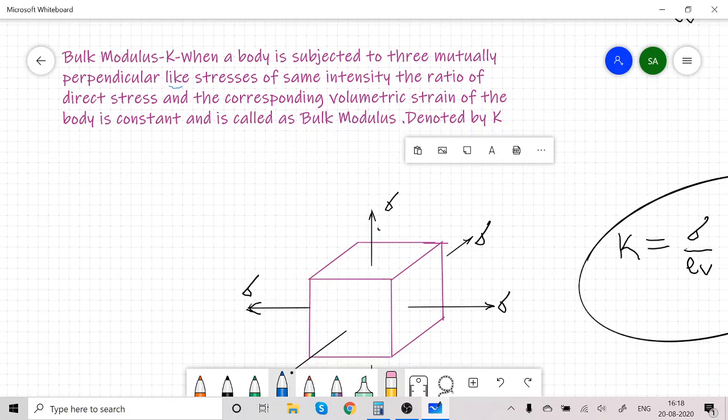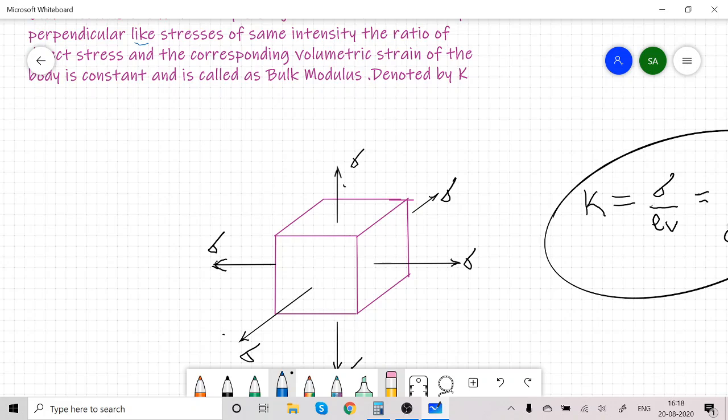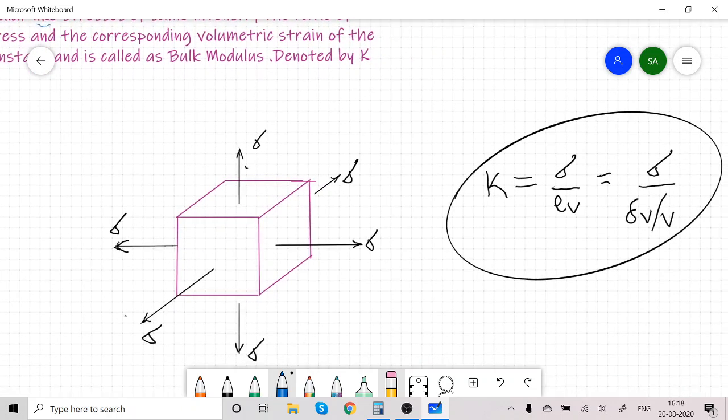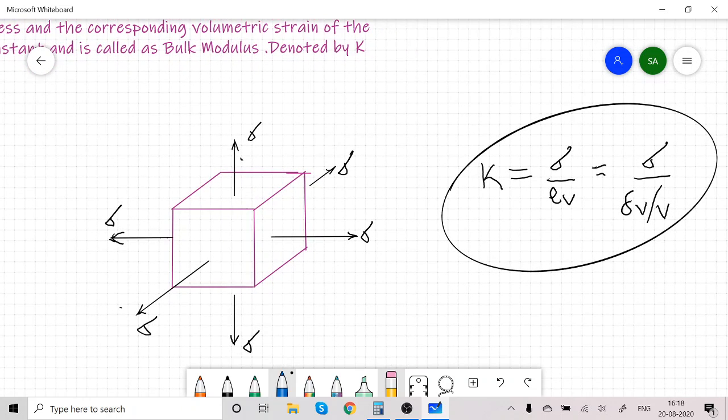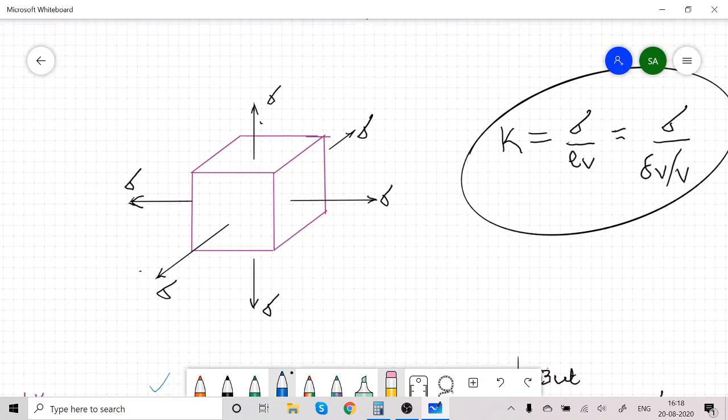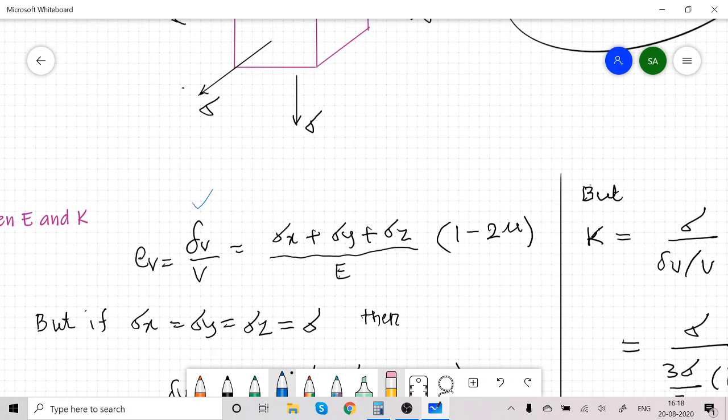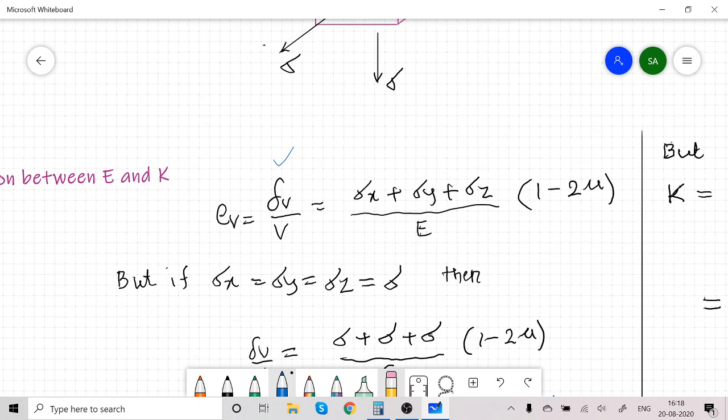Now here I am considering the tensile stresses sigma of equal magnitude in x, y and z direction, then the ratio of the applied stress sigma to volumetric strain is constant, which is known as bulk modulus and denoted by K. Then we derive the relation between E modulus of elasticity and the bulk modulus.